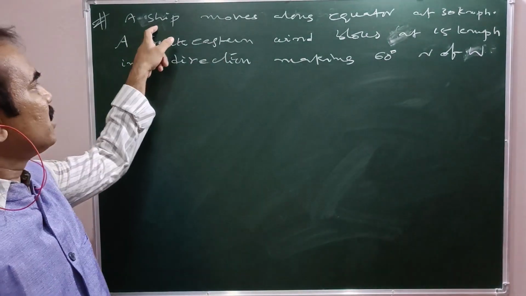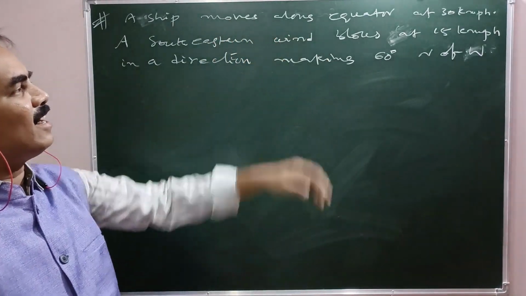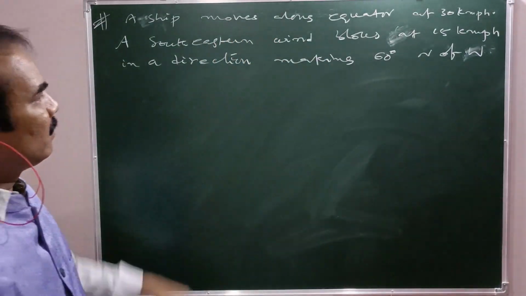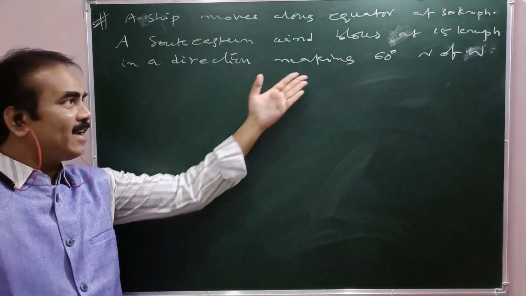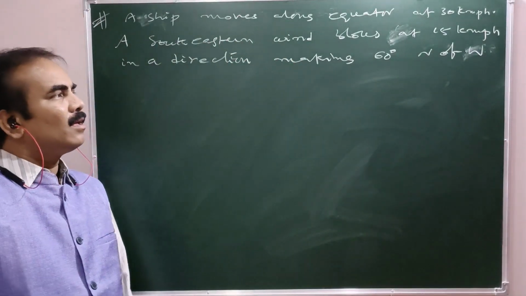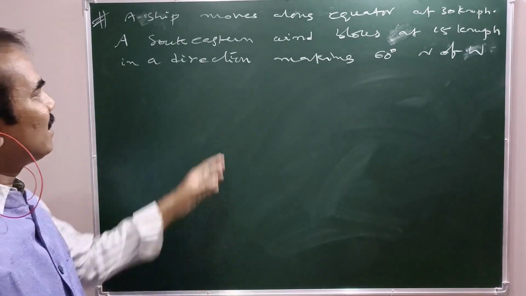See here, a ship moves along the equator at 30 kmph, right? Now a southeastern wind blows at 15 kmph in a direction making 60 degrees north of east.